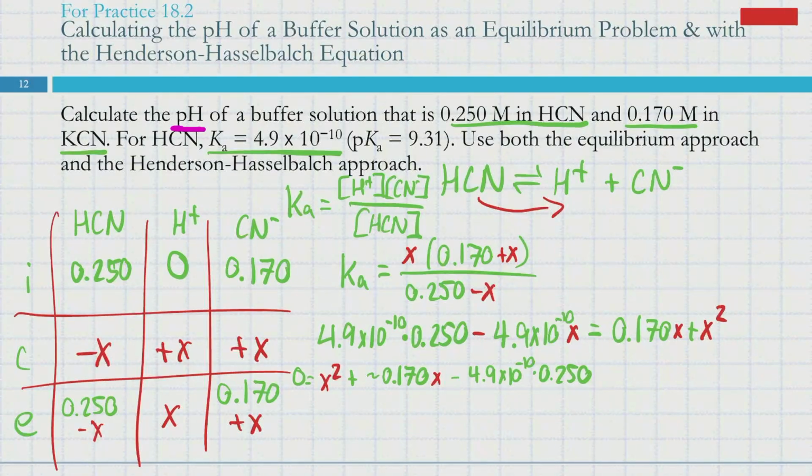And so I run off to my polynomial solver. 0.170 plus 4.9 e to the negative 10, and negative 4.9 times 10 to the minus 10 times 0.250.